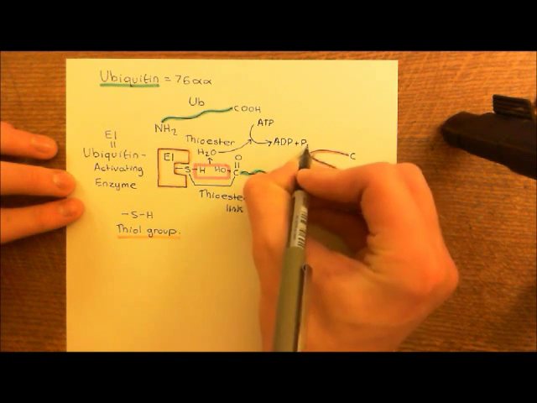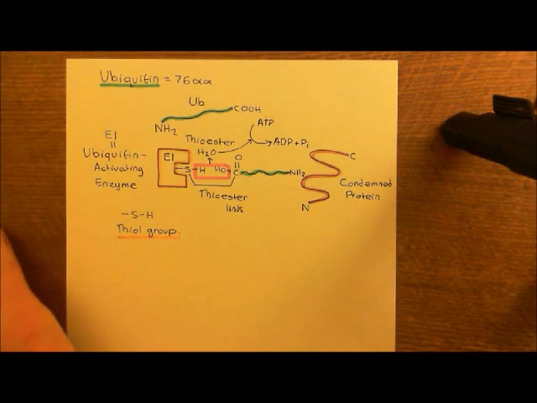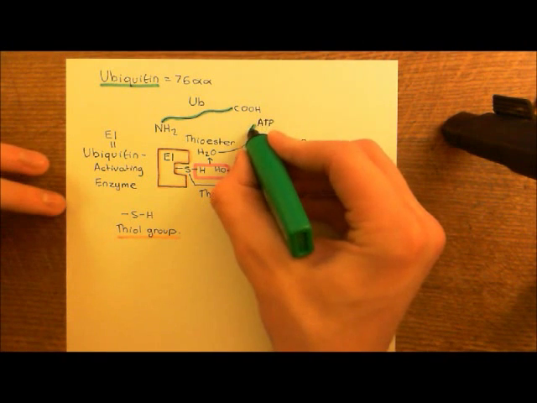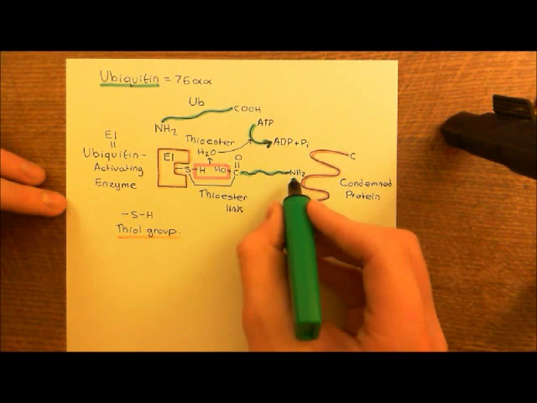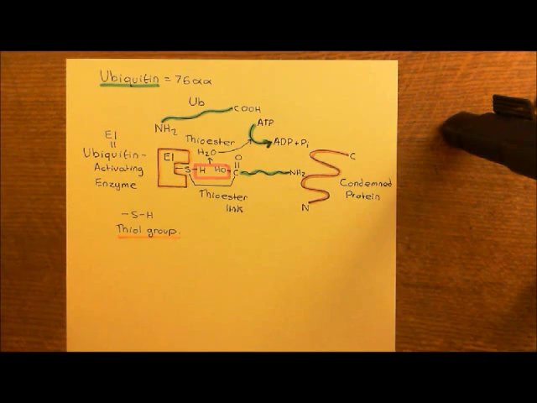So the first step is coupled to the hydrolysis of ATP, and this provides the energy for the binding of this ubiquitin protein onto the E1 ubiquitin activating enzyme.